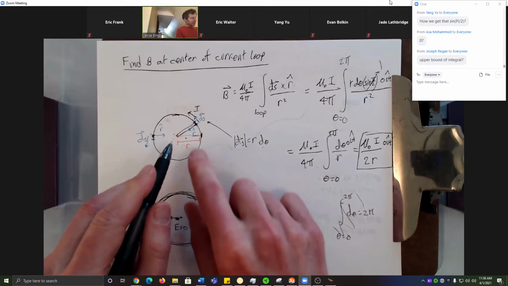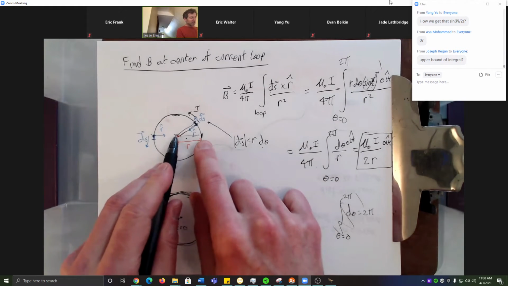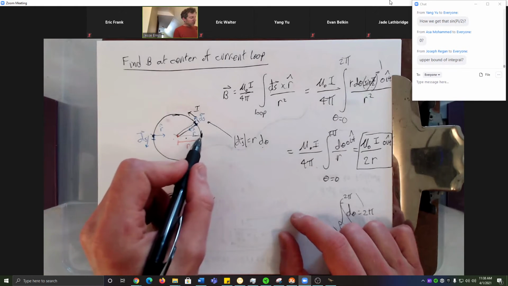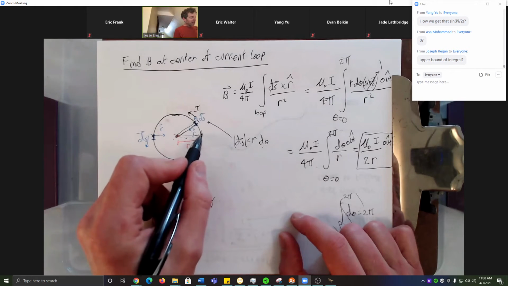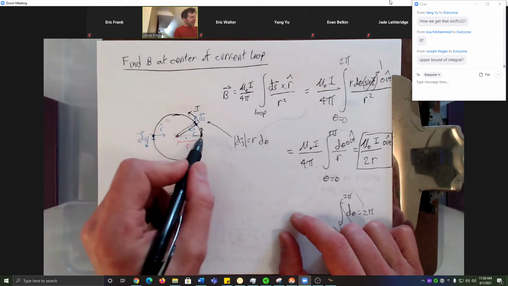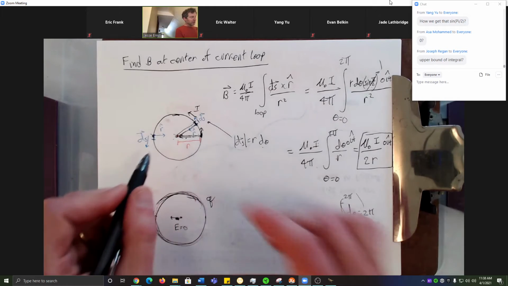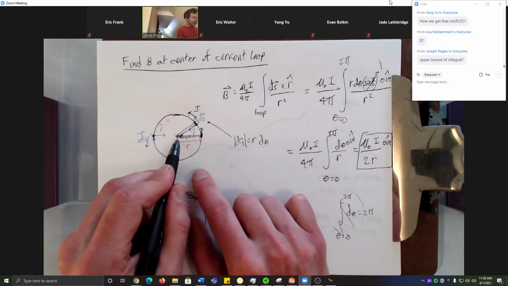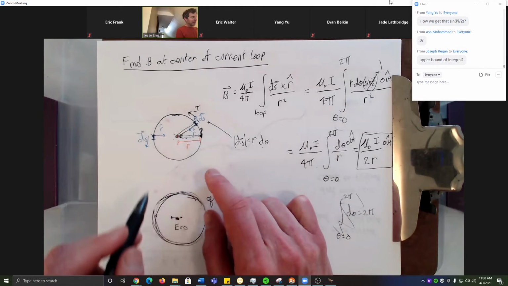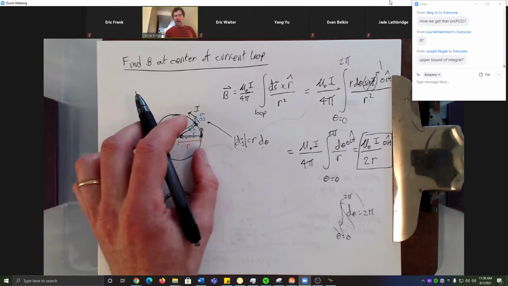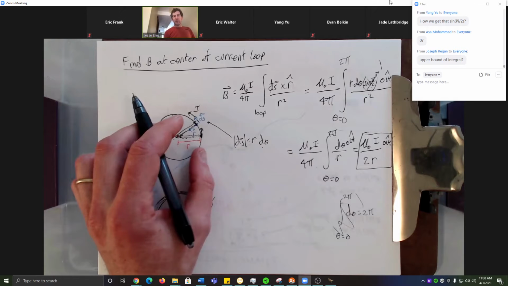But that's different for magnetic fields because the direction is not the direction from the current element to the field. It's the cross product of the current direction and the direction to the field point. So it's ds cross r. So they don't cancel here, they add. So the components are just very different.